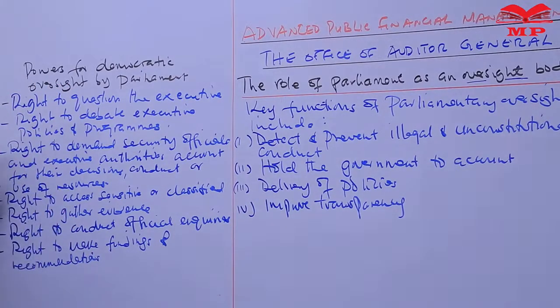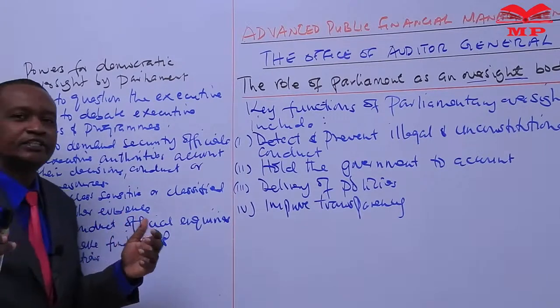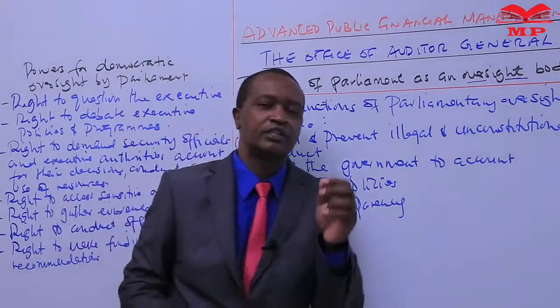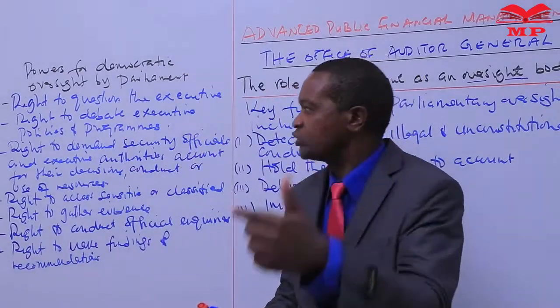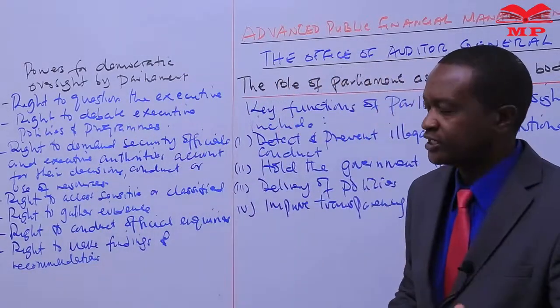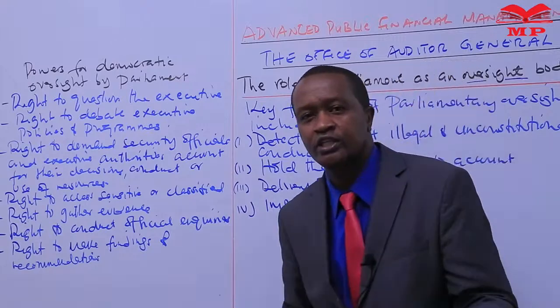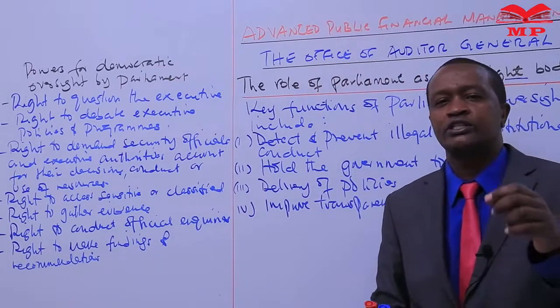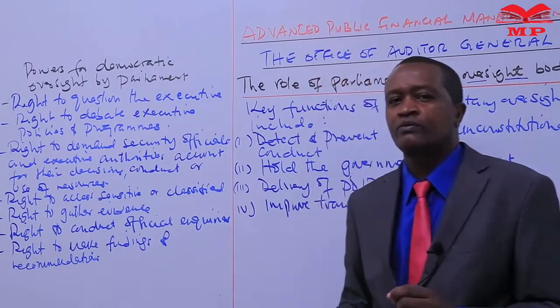The first power is a right to question the executive. That's number one. Number two is the right to debate executive policies and programs, the right to demand that security officials and executive authorities account for decisions, account for conduct, to account for use of resources, and that has to be sometimes done under oath.